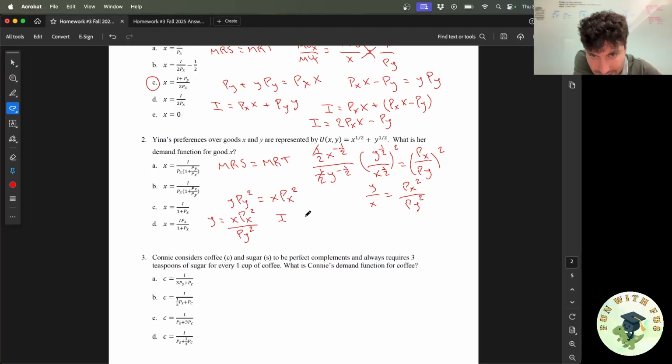So we're going to get I is equal to pxx plus the py times, plug that sucker in, pxx squared over py squared. And this probably looks a little scary, and I'm starting to sweat a little, but I don't think it's that bad. Okay, so the py's are going to cancel.